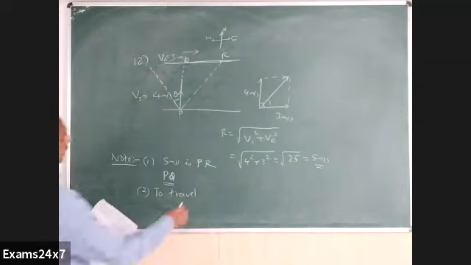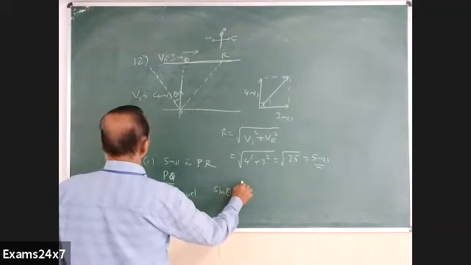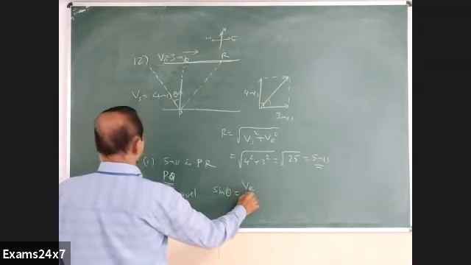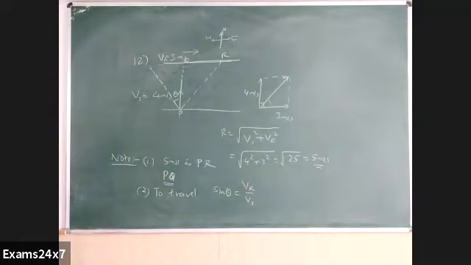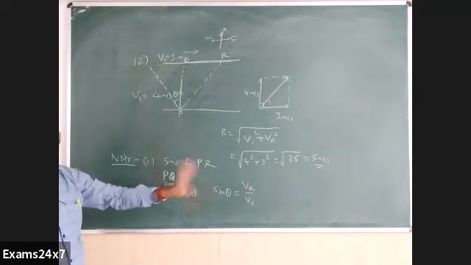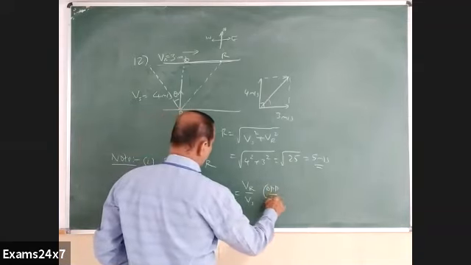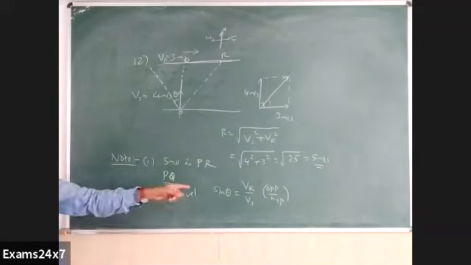That theta is given by sine theta is equal to VR divided by Vs, speed of river divided by his own speed, because his own speed is like the hypotenuse. River speed is like the opposite side. Opposite by hypotenuse is sine theta. So what I have done here is opposite side divided by hypotenuse. That has given me this value. So when we know these two things, we can find out theta.